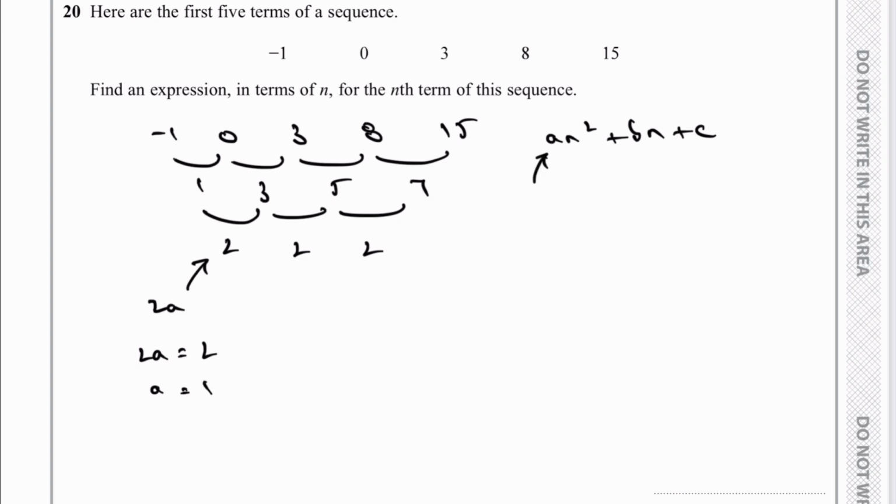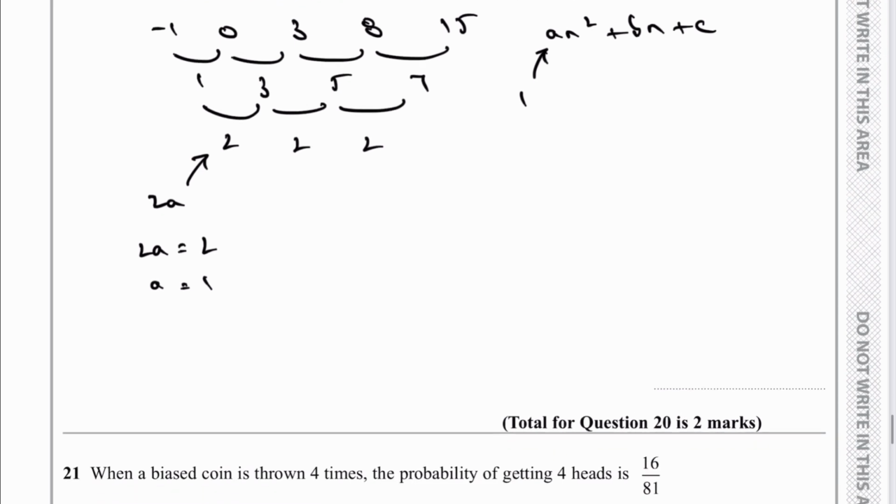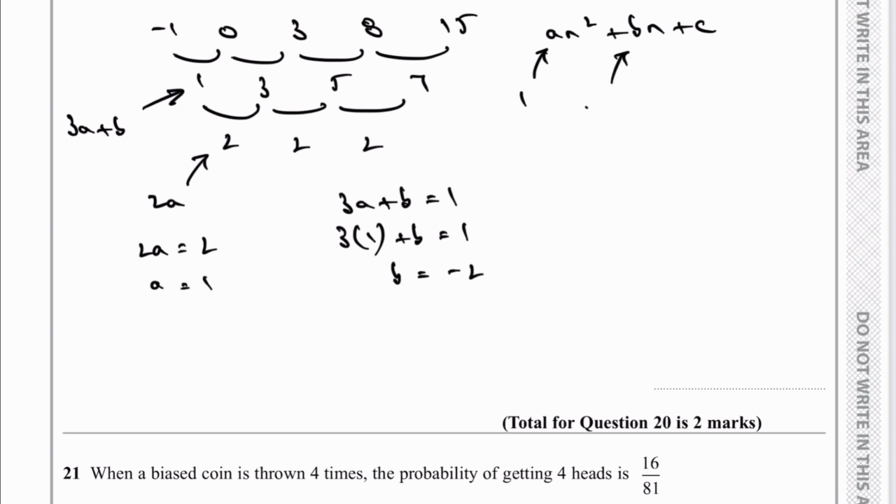So this value is going to be 1. Let's look then at the second formula that I need to remember, which is 3a plus b. So I've got 3a plus b equals 1, and I can just substitute my value of a, which I've just worked out, which was 1 as well. So b in this particular case is going to equal minus 2.